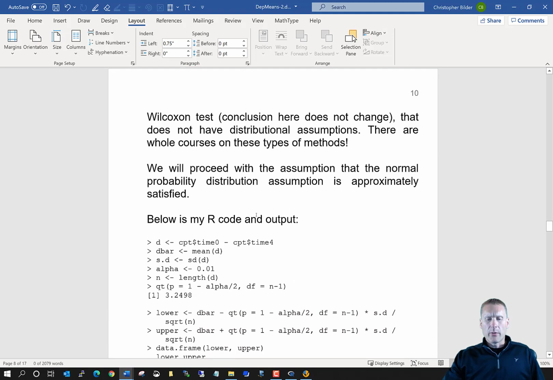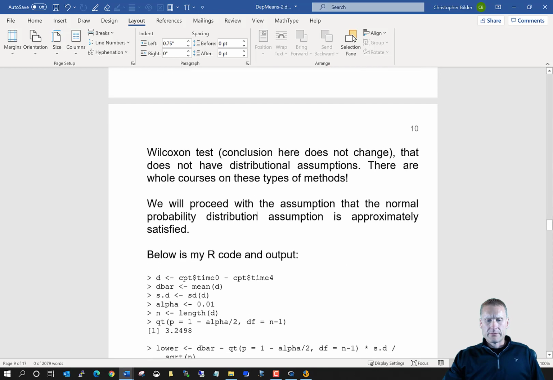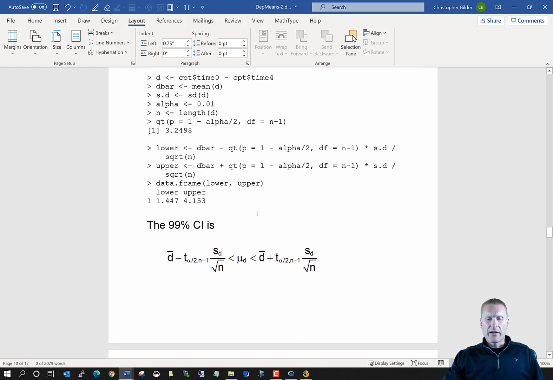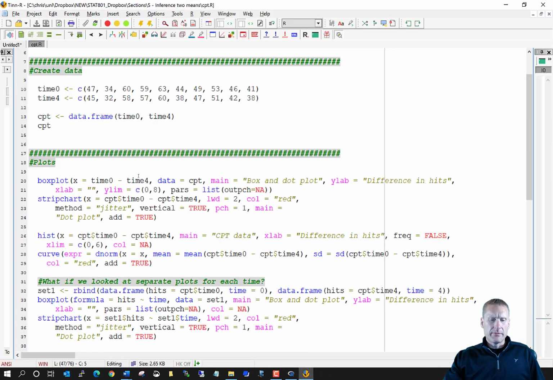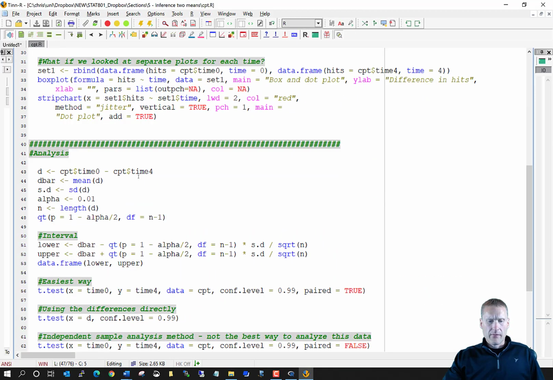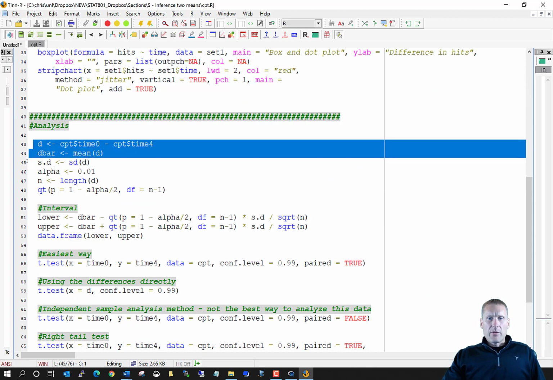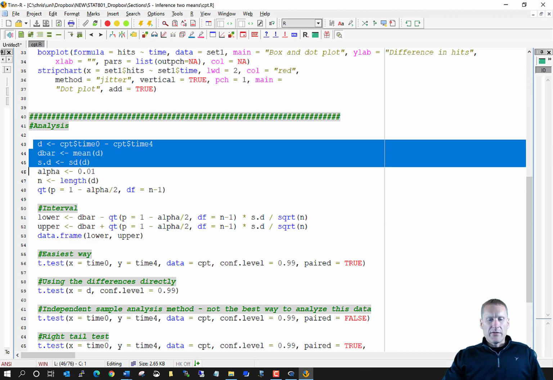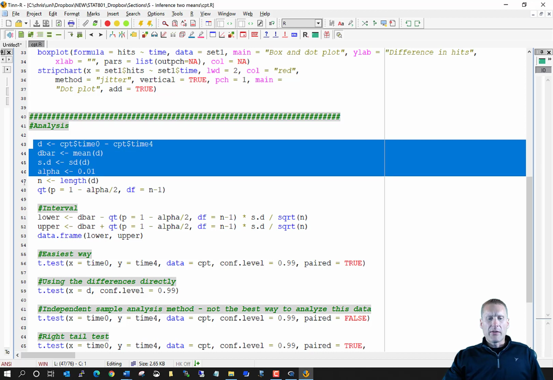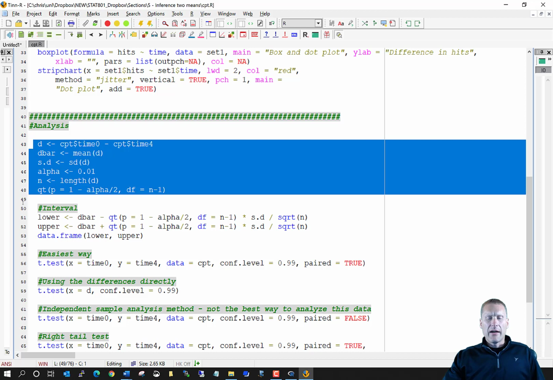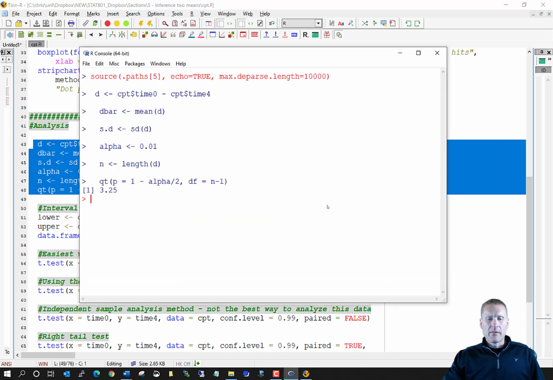Okay, let's go back to where we were. Let's actually find the confidence interval. Let me jump over here to 10. I'm going to find the differences, find the mean difference, find the standard deviation of the differences, state my alpha level, find my sample size, get my quantile for my t distribution, and there we go.